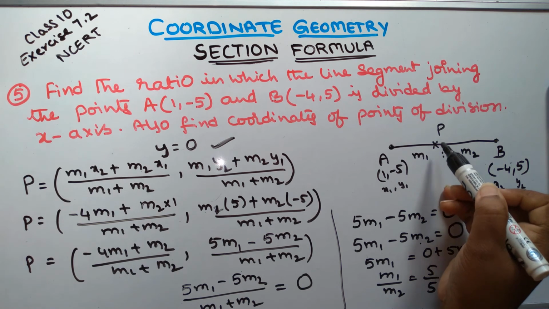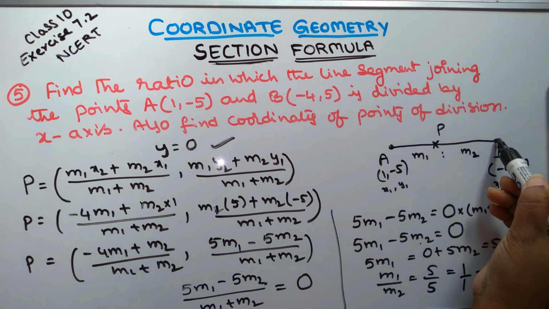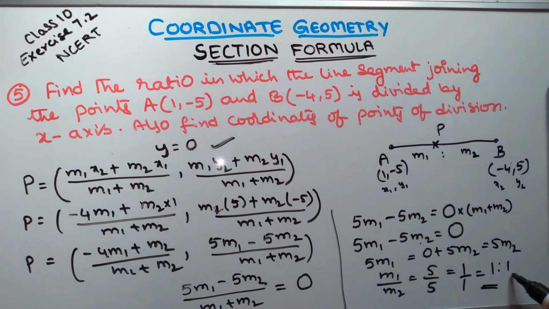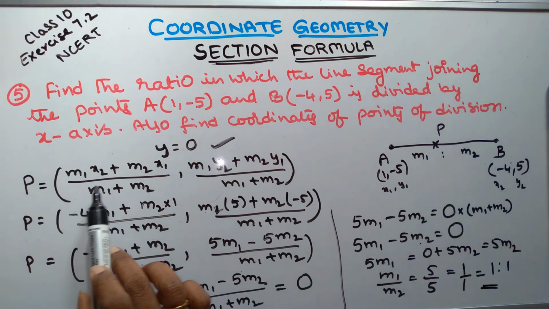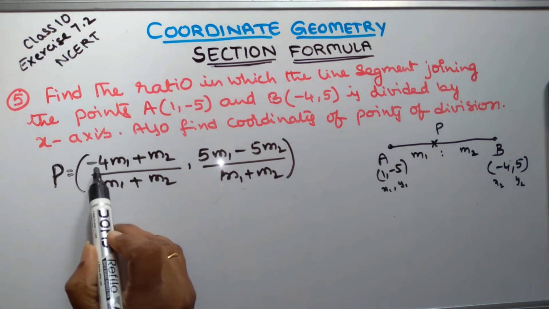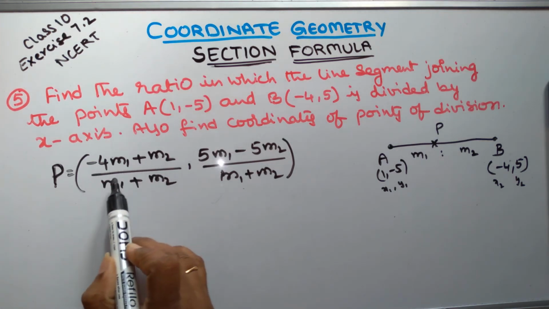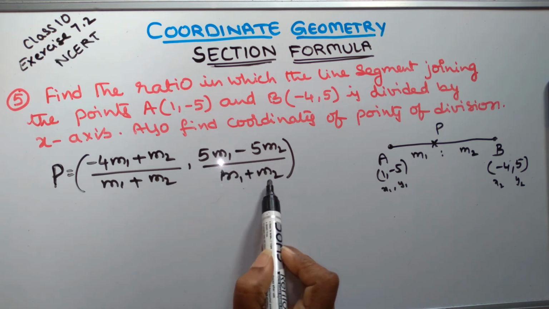So the point P on the x-axis is dividing the line segment joining AB in the ratio 1 is to 1. Now we need to find the coordinates of P. So let us substitute these M1 and M2 values in this particular section formula and find out the coordinates of P. So we have the point (-4 M1 plus M2 by M1 plus M2, 5 M1 minus 5 M2 by M1 plus M2).